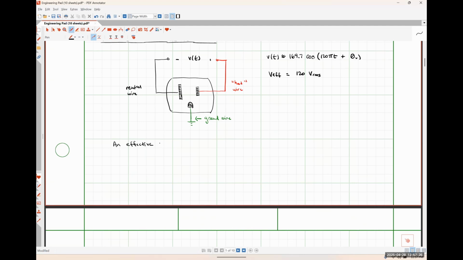An effective value for a periodic signal is a DC representation of that signal.